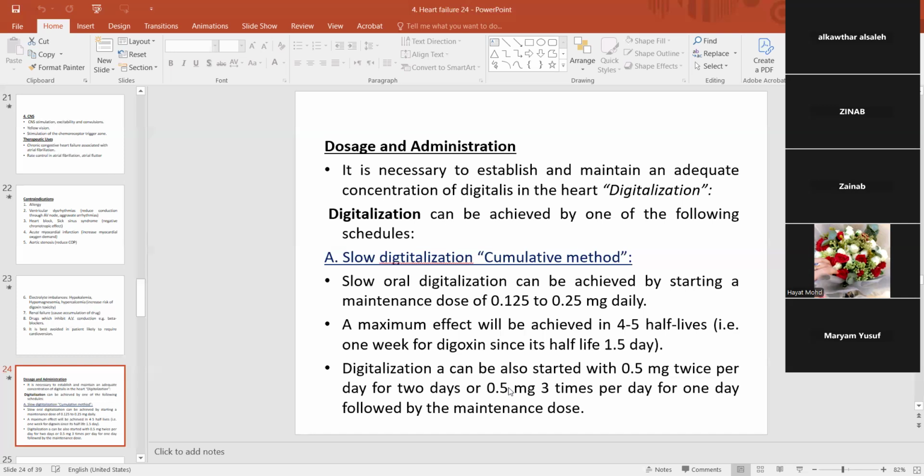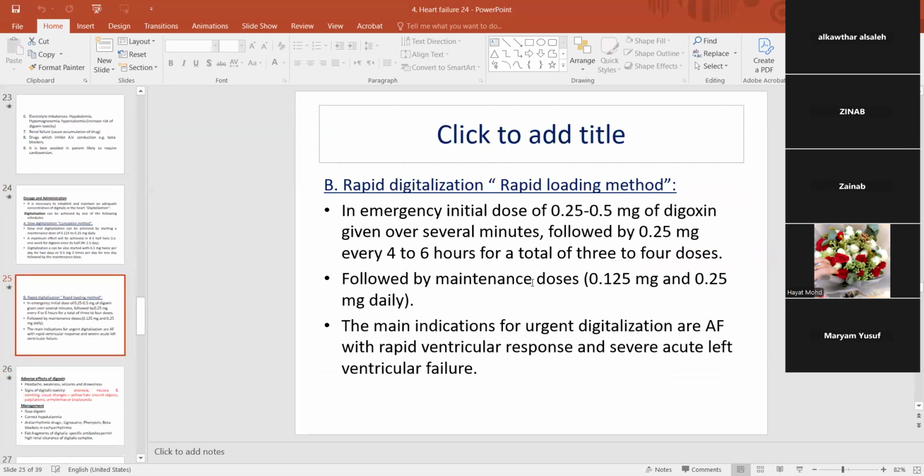Then how we can give the drug: the dose and the administration route. For now, you just need to know we can give the drug in two ways. One is known as slow digitalization. As we said, the drug is known as digitalis. The other is rapid digitalization. When we need a high dose in a short time, we give the drug by rapid digitalization, IV with a higher dose.